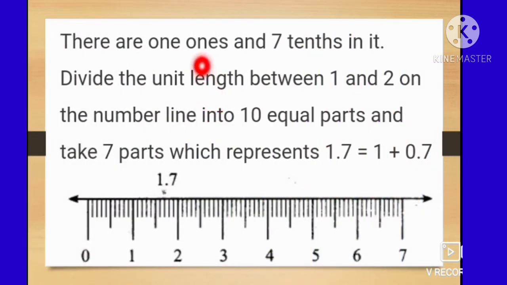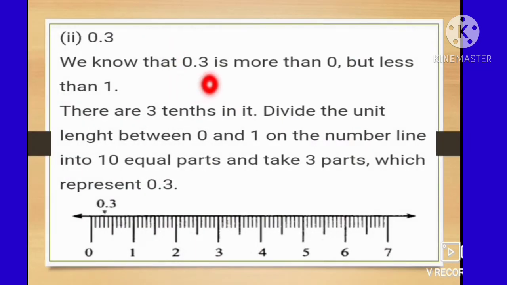So there are 1 ones and 7 tenths in it. Divide the unit length between 1 and 2 on the number line into 10 equal parts and take 7 parts, which represents 1.7. So here between 1 and 2 the dark line represents 1.5, and the next line after 1.5 is 1.6 and then 1.7. So 1.7 lies on this line.